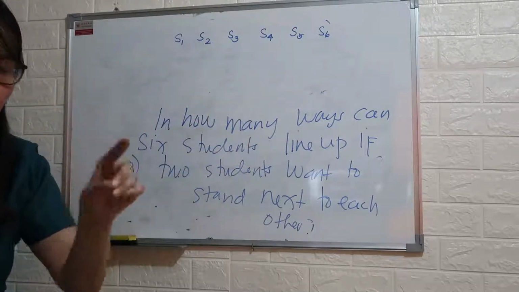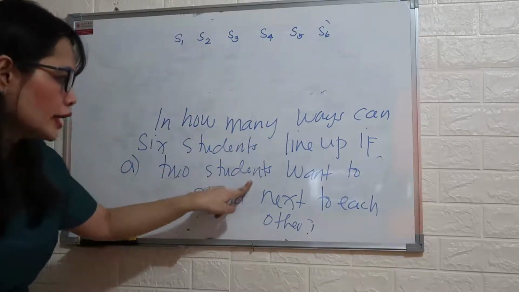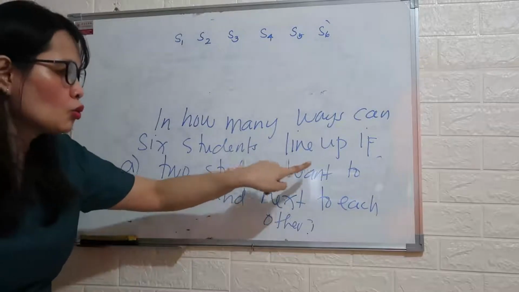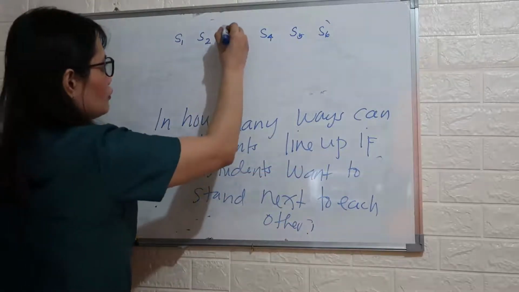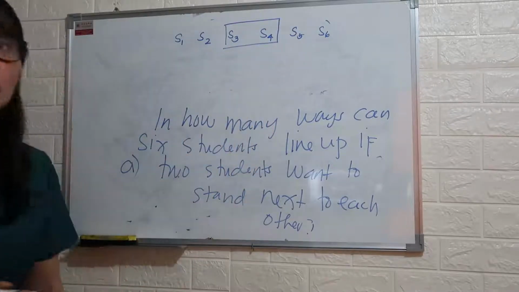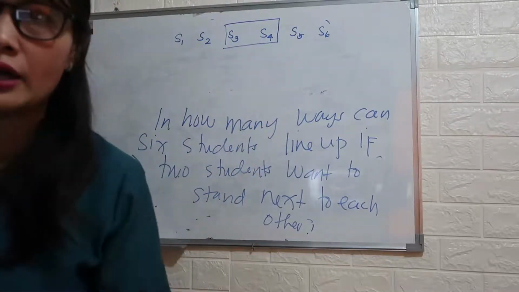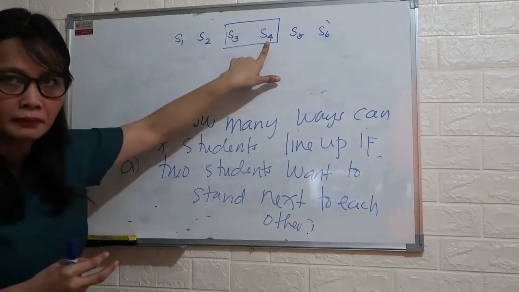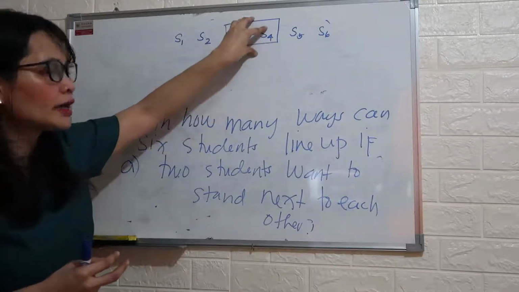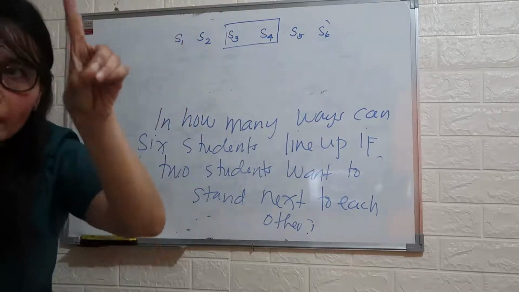Now, there's a condition. What's the condition? 2 students want to stand next to each other. Let's say student 3 and 4 want to stand next to each other. If that is the case, you will take them as 1.